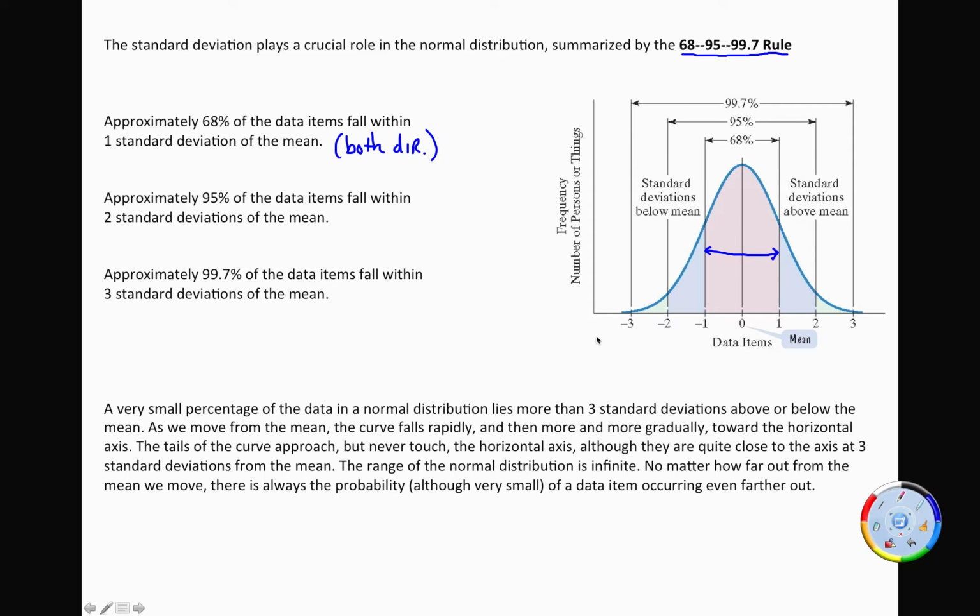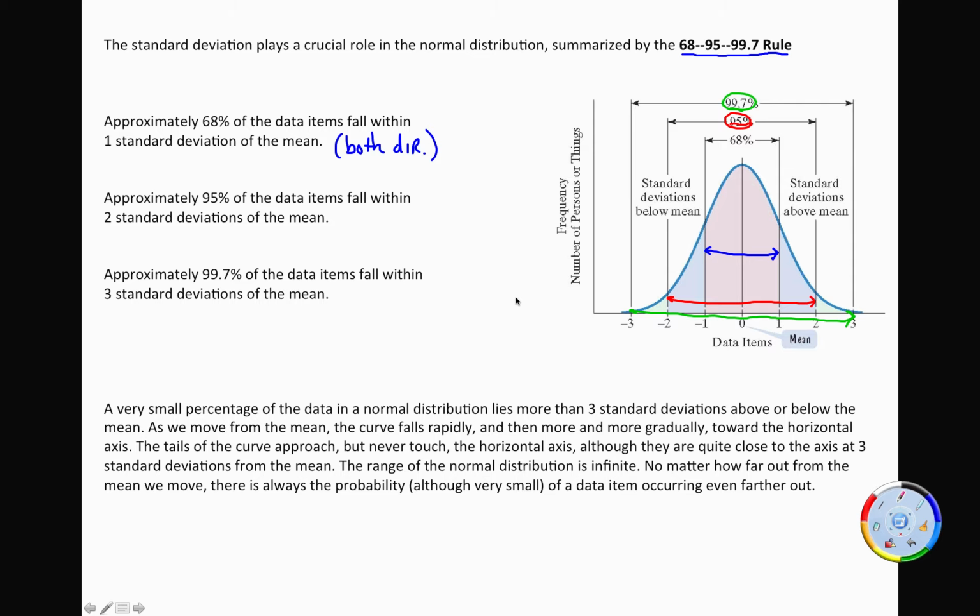Approximately 95% of the data falls within 2 standard deviations of the mean, right? 95% of the data. And 99.7% of the data fall within 3 standard deviations of the mean.